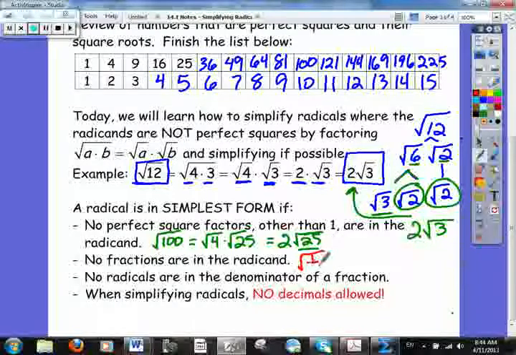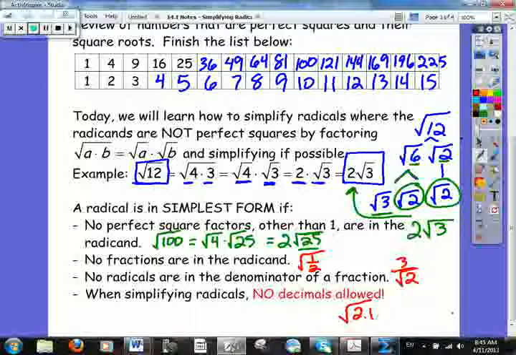The square root of 1/2. We'll talk about radicals as fractions in a little bit. No radicals in the denominator of fractions. So nothing like this with a radical in my denominator. And lastly, no decimals. So don't give me this. Okay? So a radical is in simplest form if you have no perfect square factors, no fractions in the radicand, no radicals in the denominator of a fraction, and no decimals in the radical.